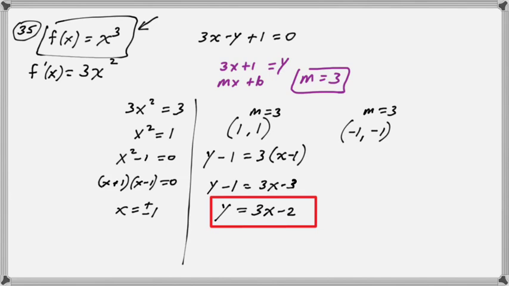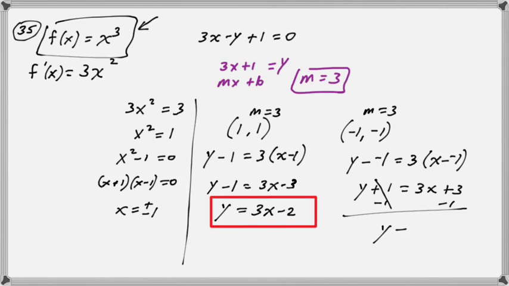What would you have on this other one? What if you did y minus the y value equals m times x minus the x value? You'd have y plus 1 equals 3x. Would that be plus 3? If you subtract 1, what do you get? The same answer. No, this one's plus 2, right?